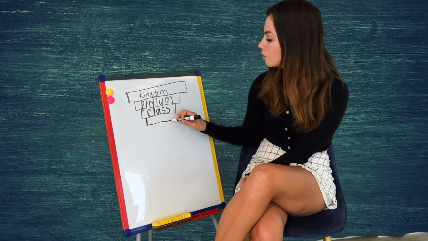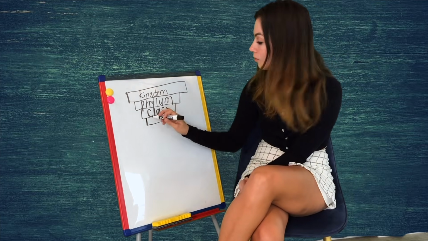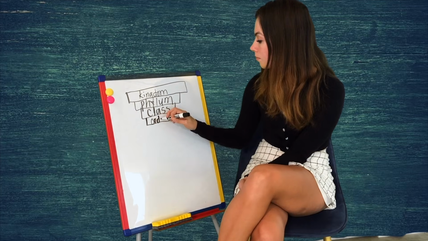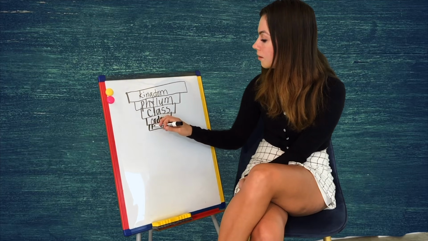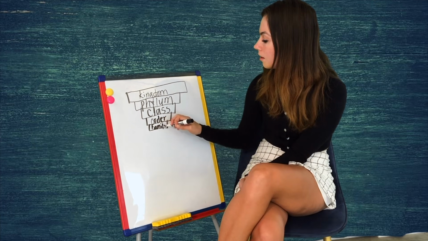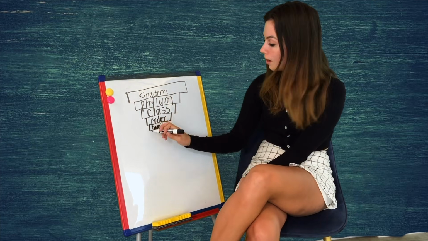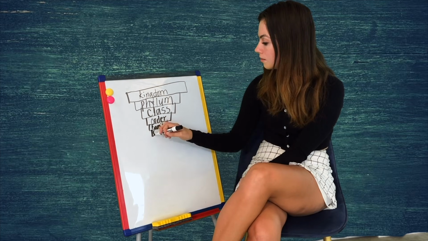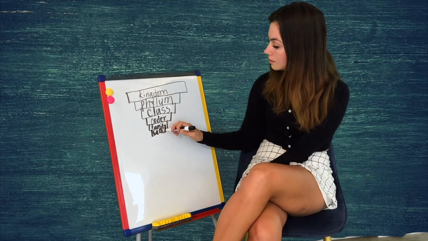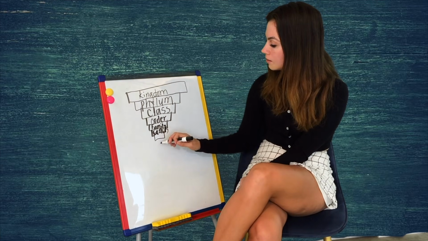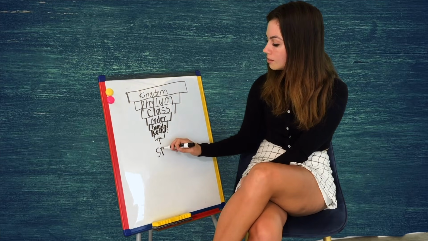Below class we have order, and then below order we have family. Below family we have genus, and then below genus, just right here, we have species.